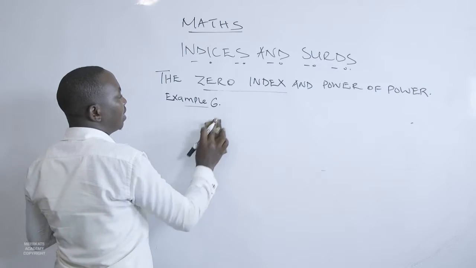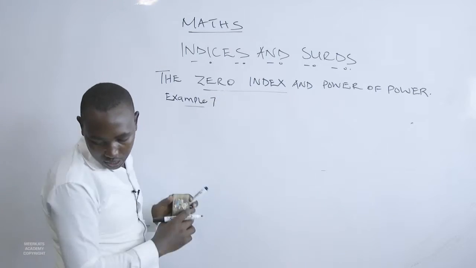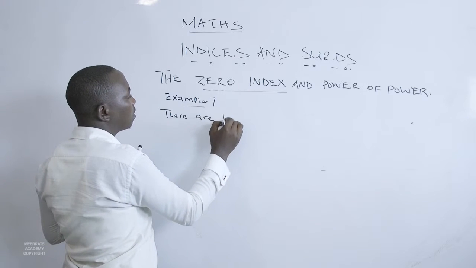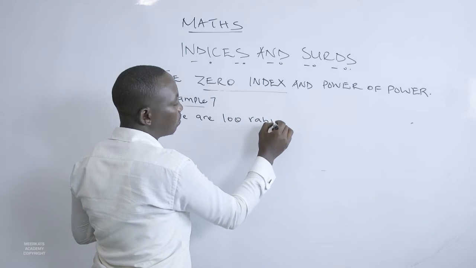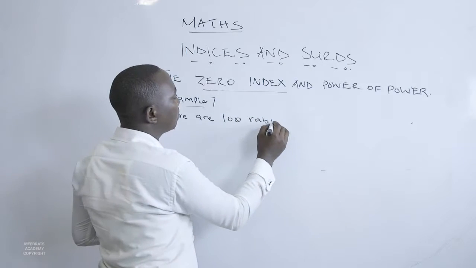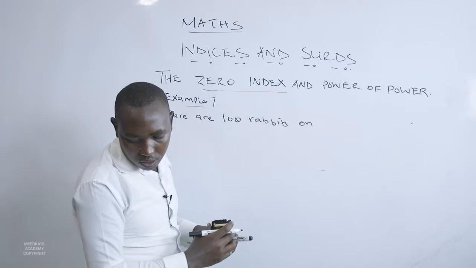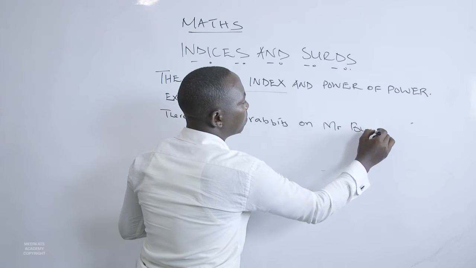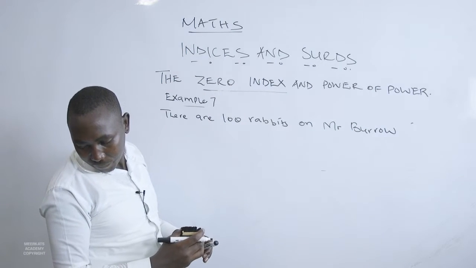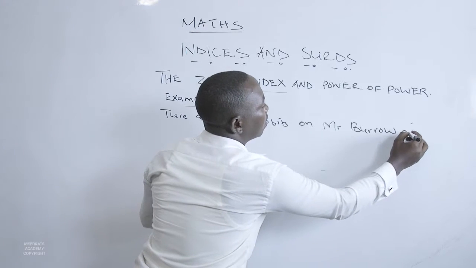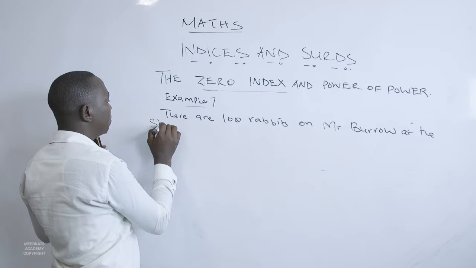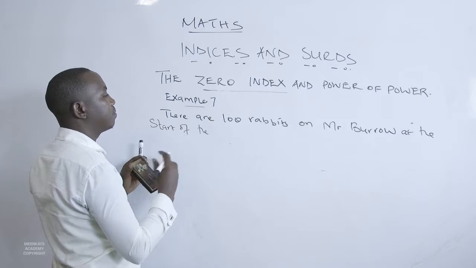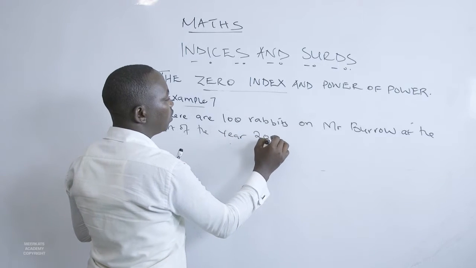Want to look at worded examples. We are told that there are 100 rabbits on Mr. Barrow at the start of the year 2000.